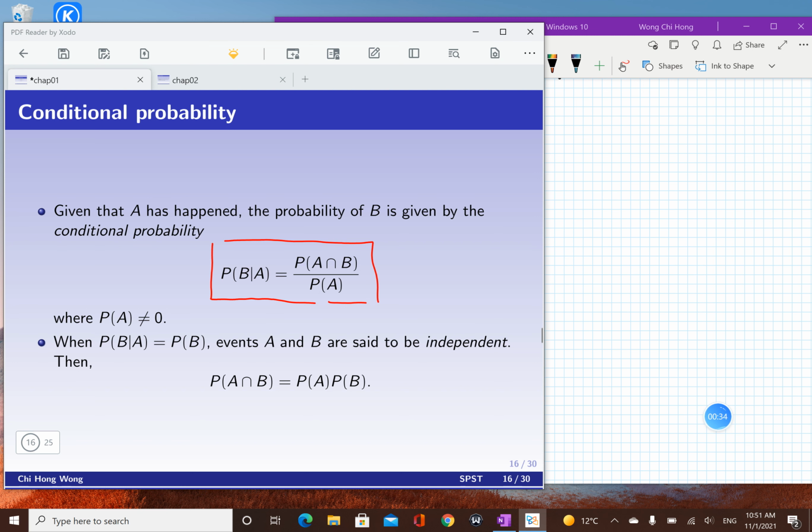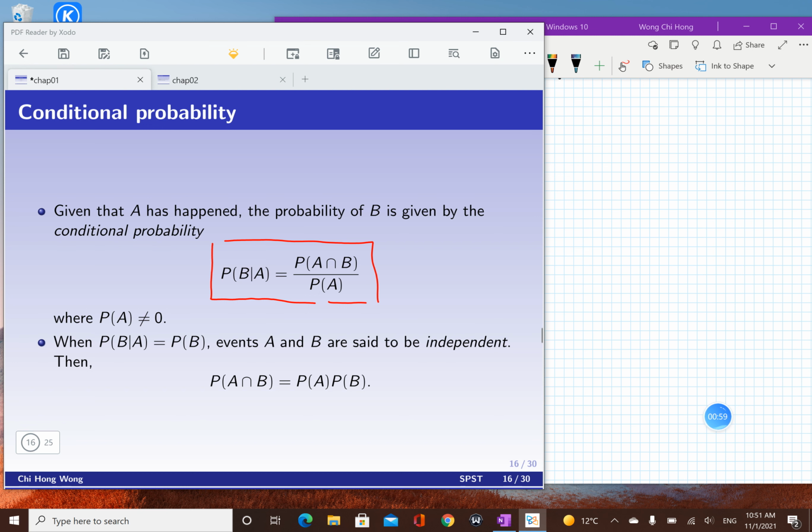Is that relation here? That is to say, the probability of some event B may depend on the result of event A, may depend on whether A has occurred or not. So imagine as things happen as time goes on, the probability of a certain event B may change as other things happen.